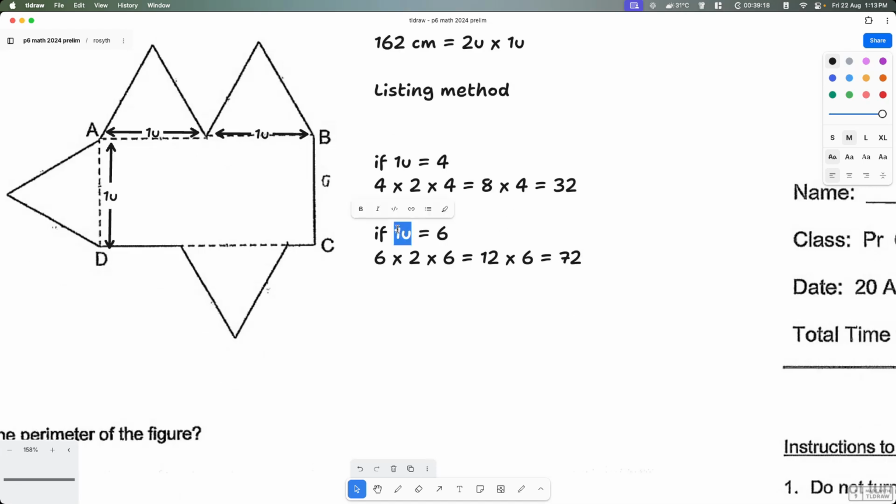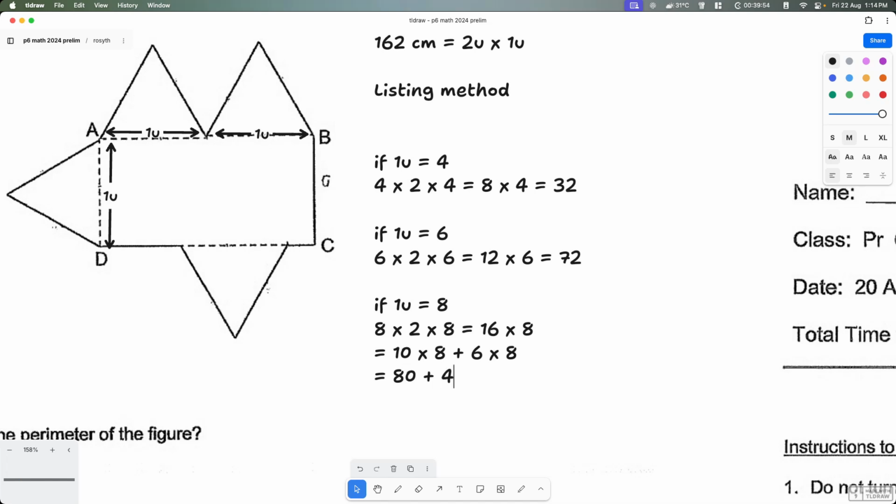All right. So let's do 8. So if 1 unit is 8, 8 times 2 times 8. Okay, and this will then be 16 times 8, which is basically 10 times 8 plus 6 times 8. Lazy calculate, right? Okay, and this will then become 80 plus 48, which is equal to 128. Okay, we're getting very close.